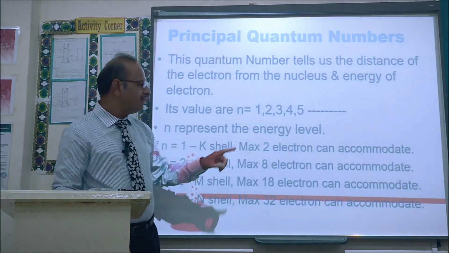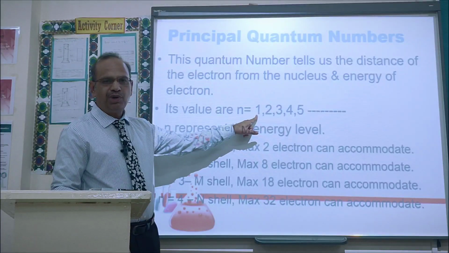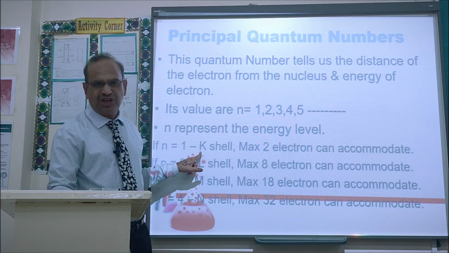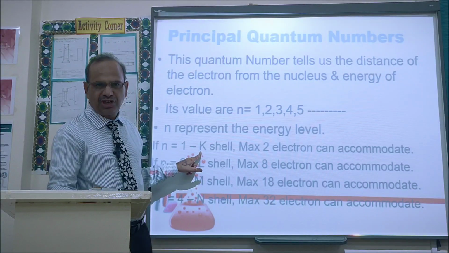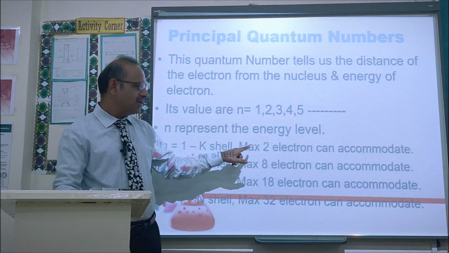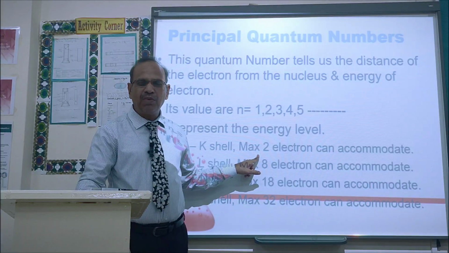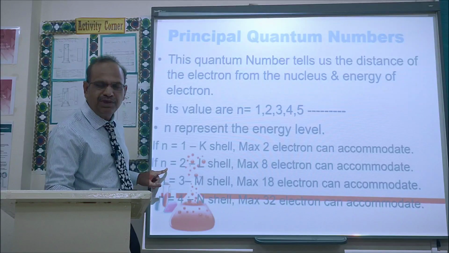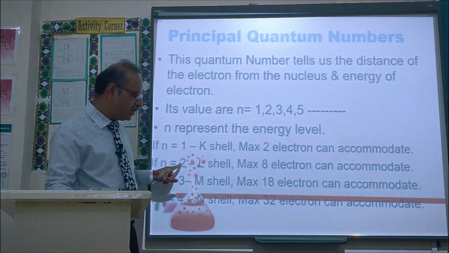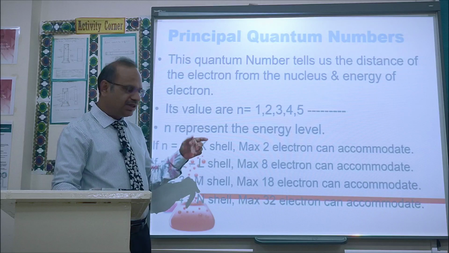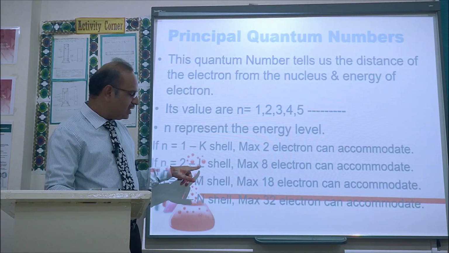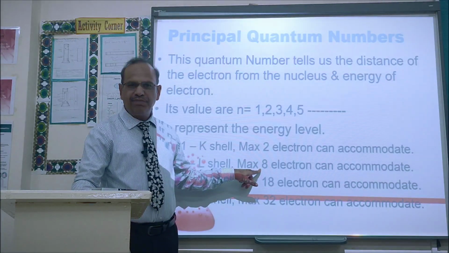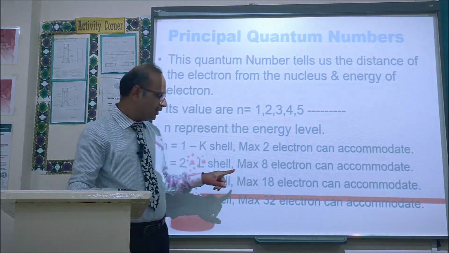Now for example, if the value of principal quantum number n is 1, it represents the first shell, first energy level, that is K shell, and the maximum electrons K shell can accommodate is 2. Same, if the value of n is 2, it represents the second energy level, the L shell, and L shell can accommodate a maximum of 8 electrons.